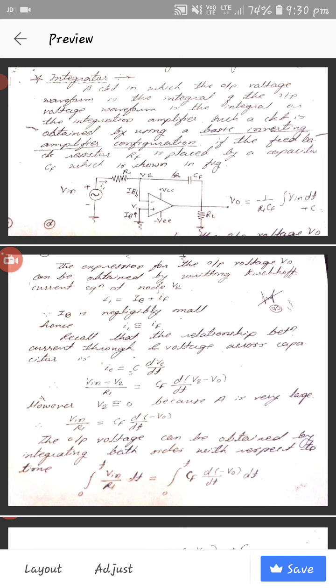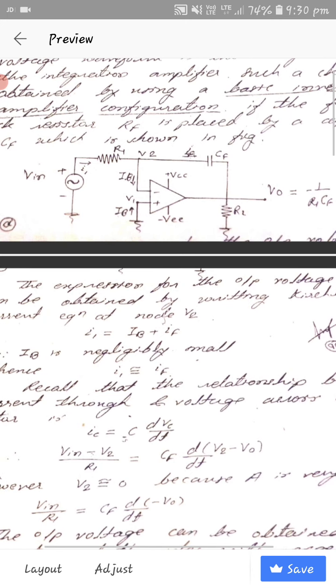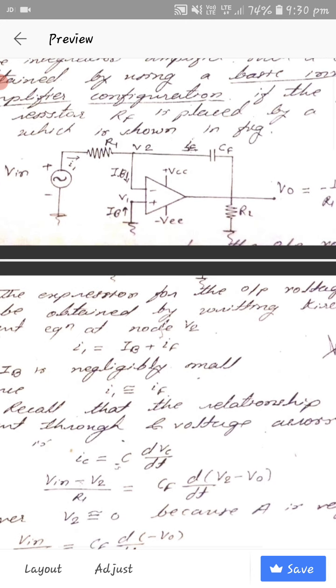See the figure, all of you. The main part of the circuit diagram is the operational amplifier. There are two inputs, inverting and non-inverting. The non-inverting input is grounded and the input Vin is applied to the inverting terminal through the R1 resistor.